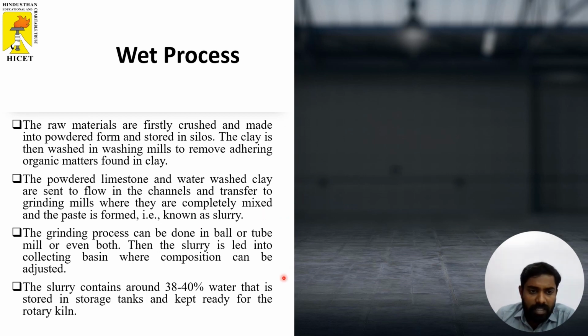The grinding can be done in a ball mill, tube mill, or both. The slurry is then laid into a collecting basin where the composition can be adjusted. The slurry contains around 38 to 40% water and is stored in a storage tank, ready for the rotary kiln.